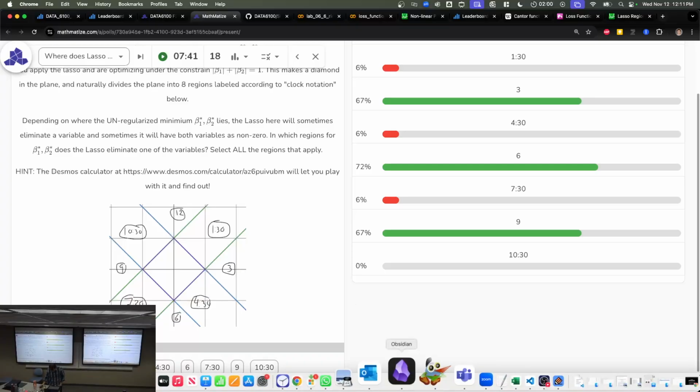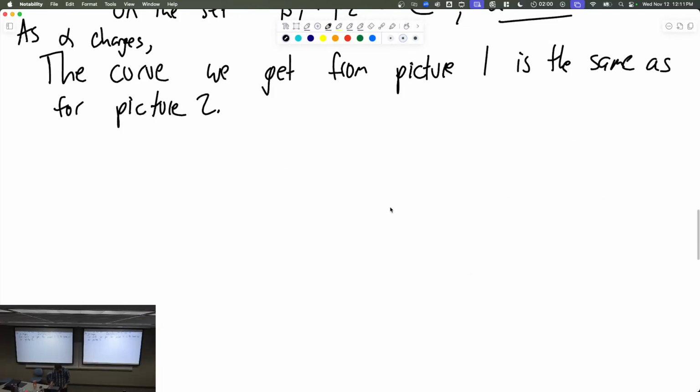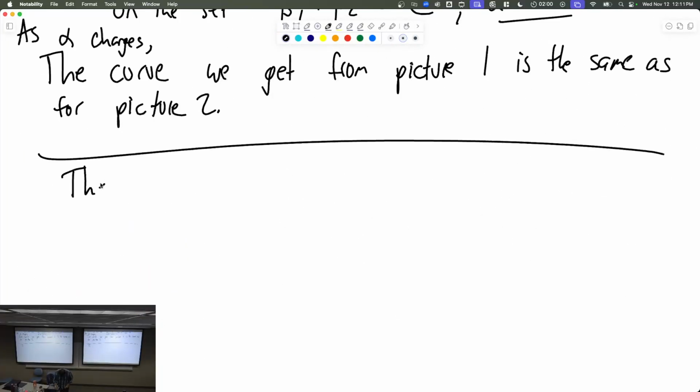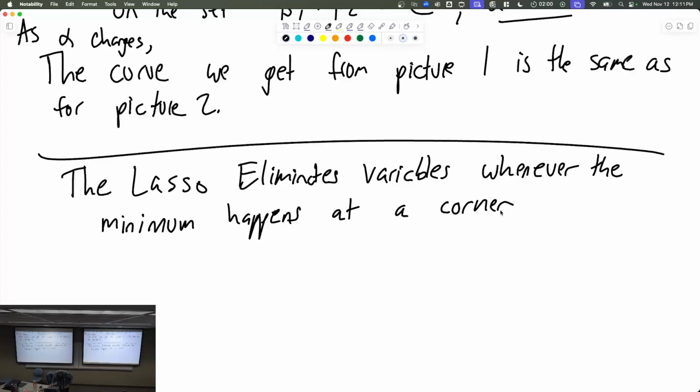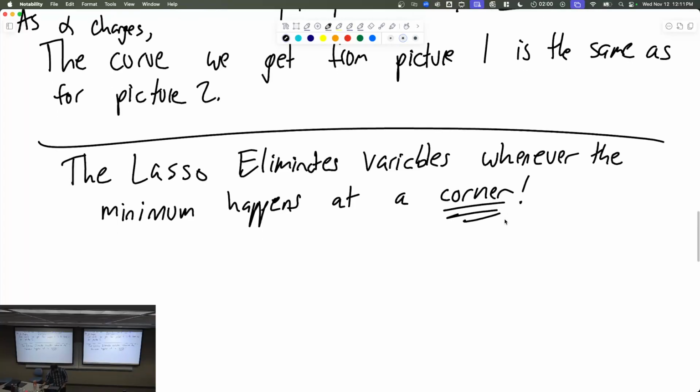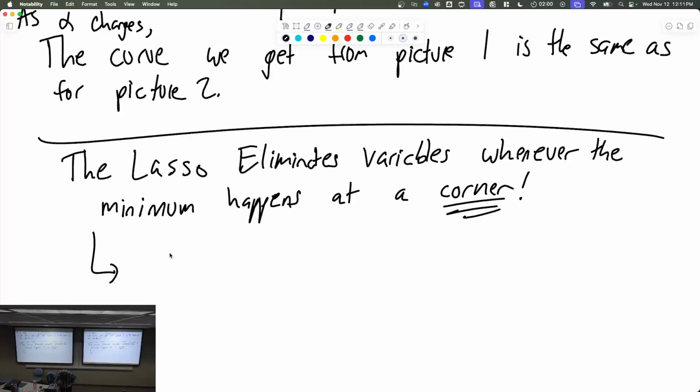So maybe we can write this down now. The lasso eliminates variables whenever the minimum happens at a corner, and this happens for most of the plane.